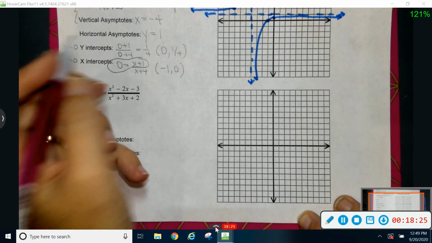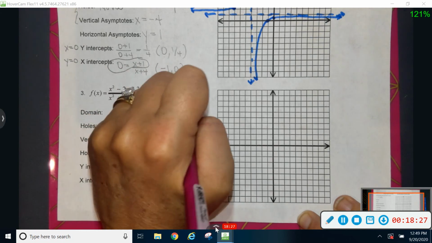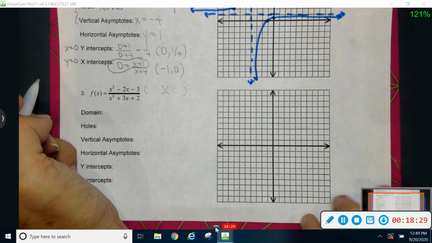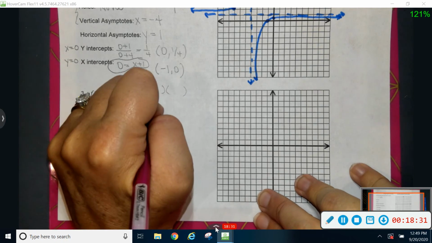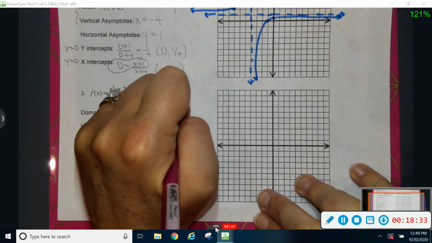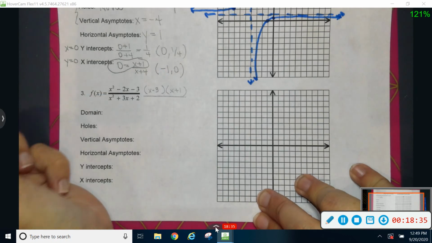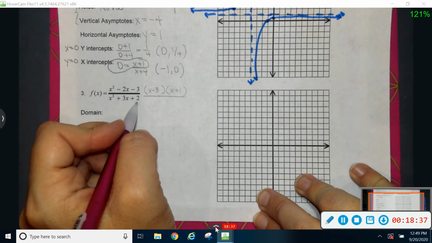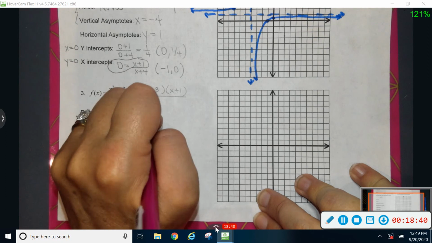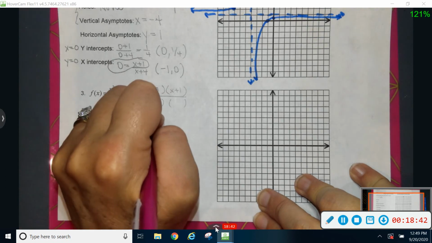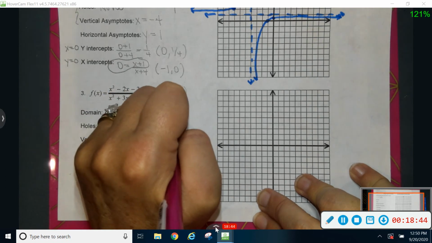So let's see if we can factor. Is there anything that will multiply to be negative 3, add to be negative 2? Looks like x minus 3 and x plus 1. On bottom, same thing. I have what multiplies to be positive 2, adds to be plus 3. What's that? Plus 2 and plus 1.